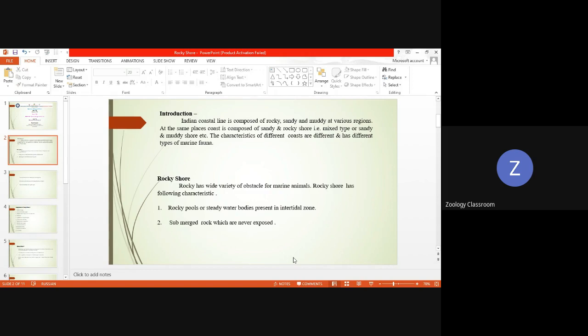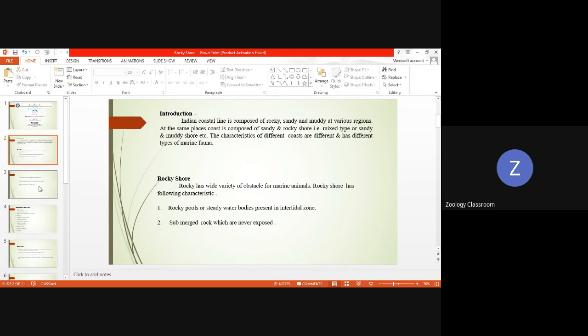Coelenterates are represented by Tubularia, Gorgonia, that is the sea fan. You must have seen the sea fan Gorgonia in BSc first year. Worms like Nereis, crustaceans like crabs, hermit crabs, echinoderms are represented by sea cucumbers, feather star, Antedon, etc.